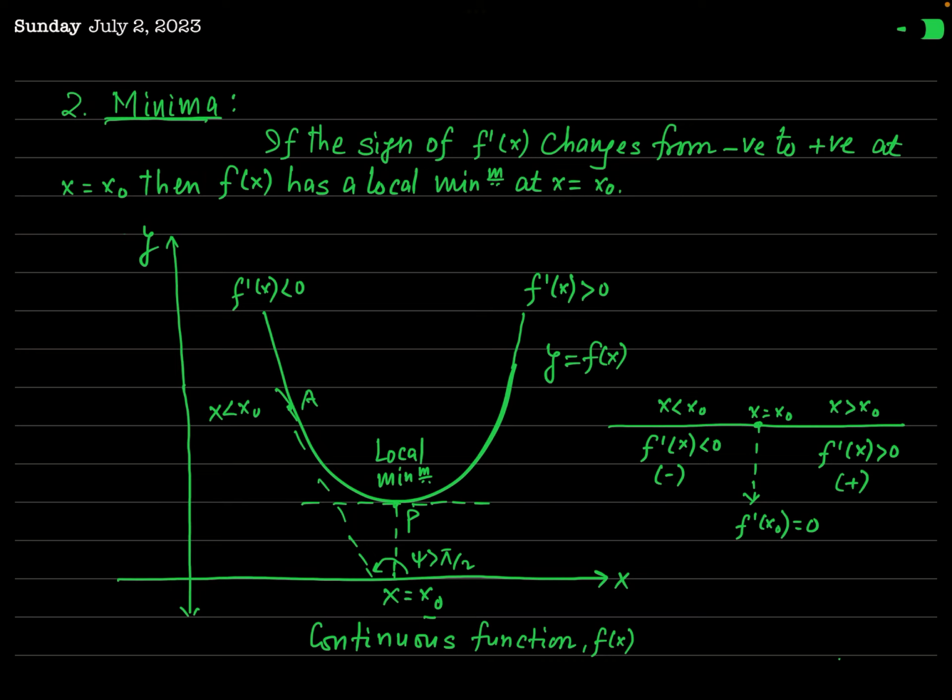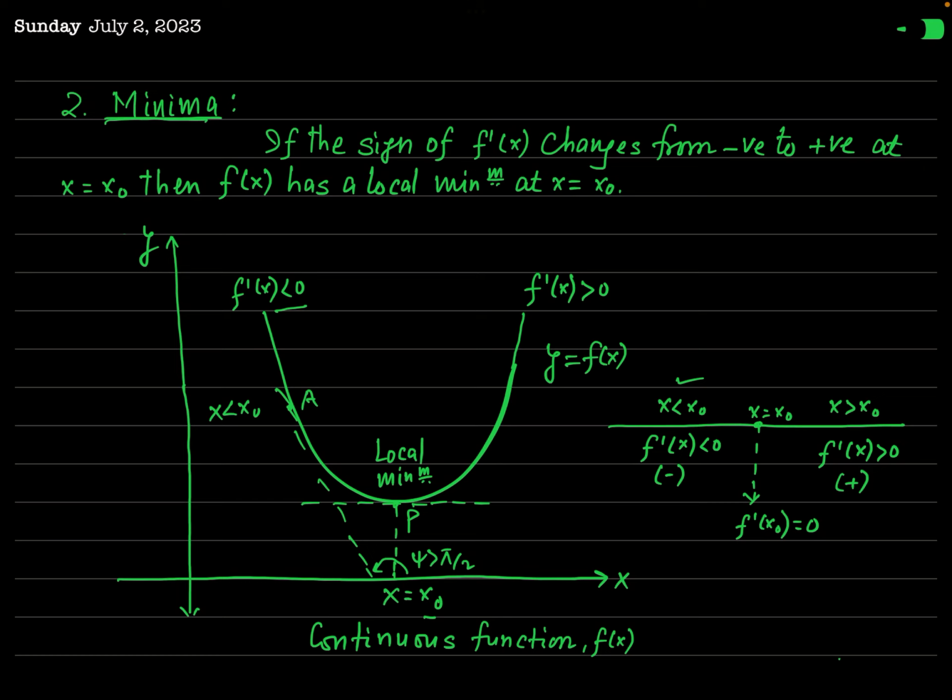And so you can say that in the region where x is less than x naught, the slope of the curve is negative. So I have written here that f dash of x is less than 0, that is, negative. You can also see in this second figure that in the region x less than x naught, f dash of x is less than 0.